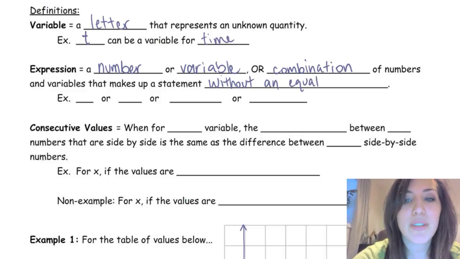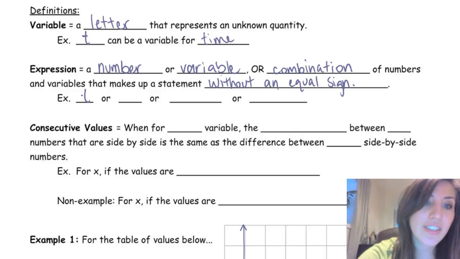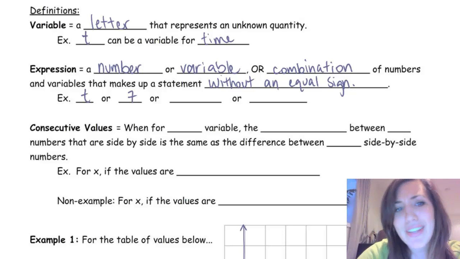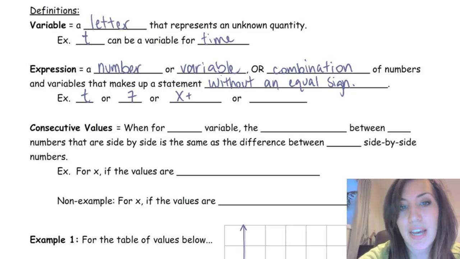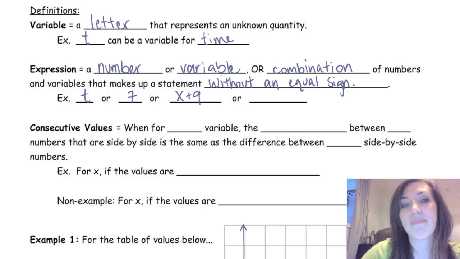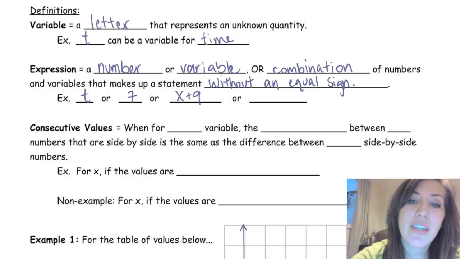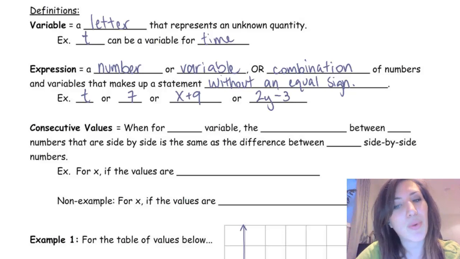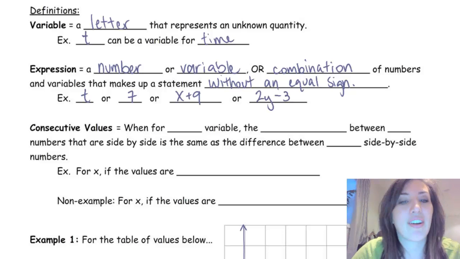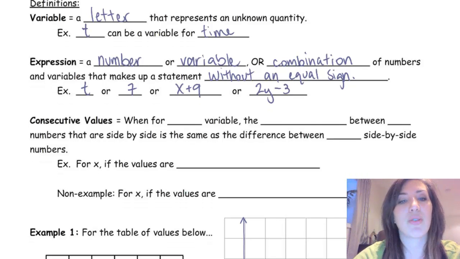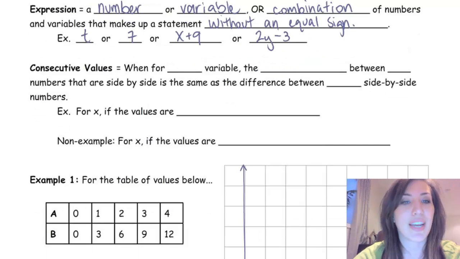So some examples of this would be like our letter T or the number 7. Those are both different expressions. Or maybe X plus 9 is an expression. Or maybe you could even have 2y minus 3. So that's 2 times the y, minus 3. So that's an expression, that whole chunk there on each little line. And we don't have equals something. So that's an expression without the equal sign.